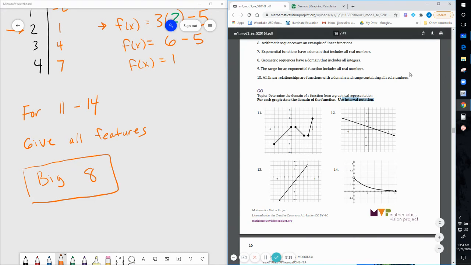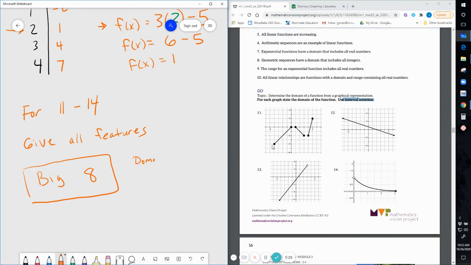So I'll just start off with number 11 so we can talk about it. Number 11, if I look at the domain, if you look at my mouse, the furthest left I go is -4. So I'm going to write domain. This is for number 11. This is a freebie. The domain is at -4, and it's a bracket because I am a solid dot. I am actually touching.